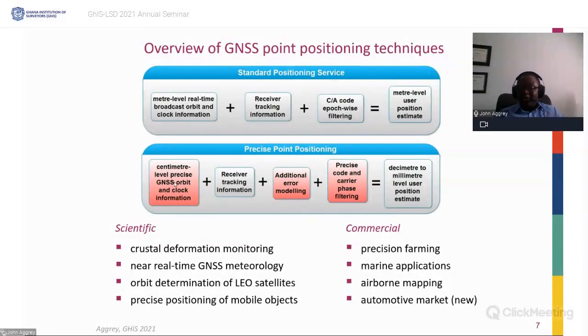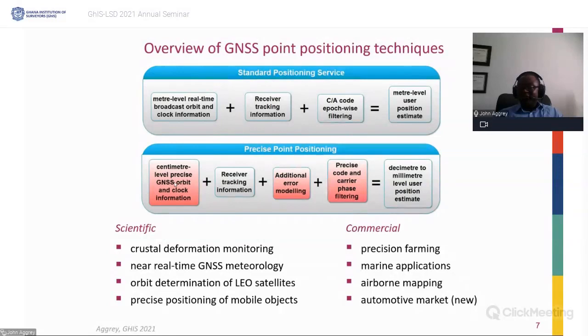And then right now on the commercial side, we are talking about precision farming. In other words, you can tell a tractor that you want it to go to the field and plant seeds in very specific positions on your field, and the tractor will do that. You can also tell the tractor that, hey, I want you to water all of these plants with this amount of water every day for this period of time.